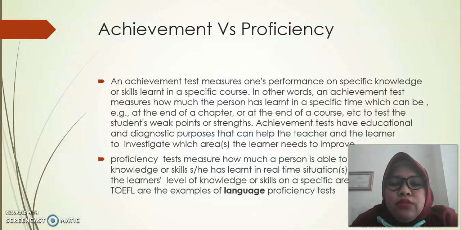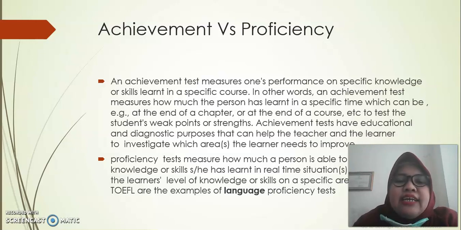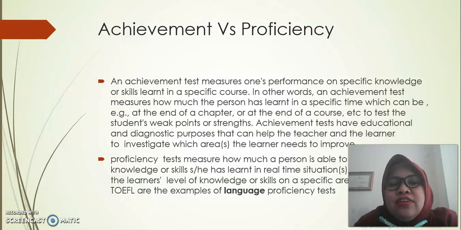Okay, now we go on to these two kinds of terms, achievement tests and proficiency tests. What is the difference between these two terms? An achievement test measures one's performance on specific knowledge or skills learned in a specific course.